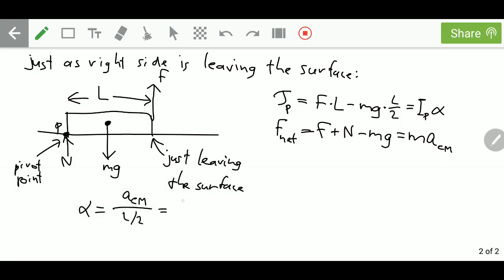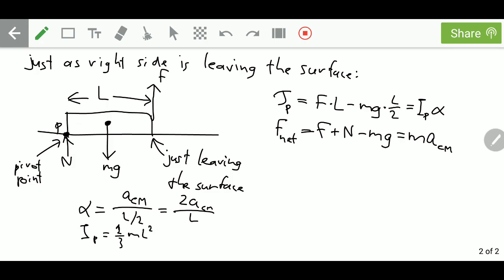So it will equal 2 times a_CM over L. And we also know that the moment of inertia around the pivot point is equal to 1/3 times mL squared. This is a formula that is worth memorizing.